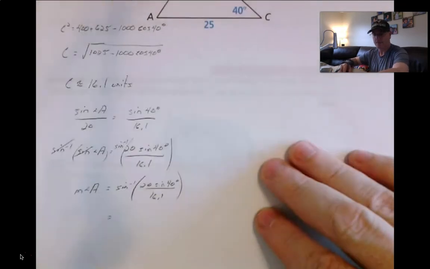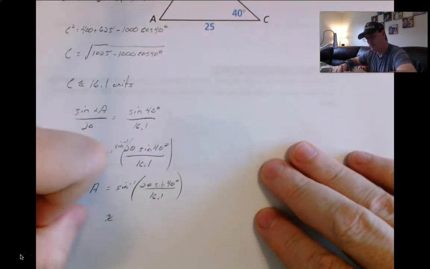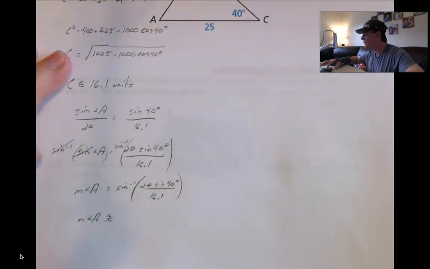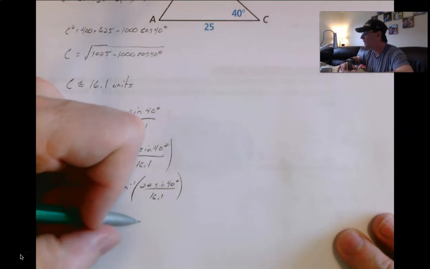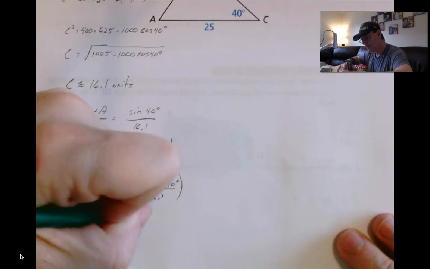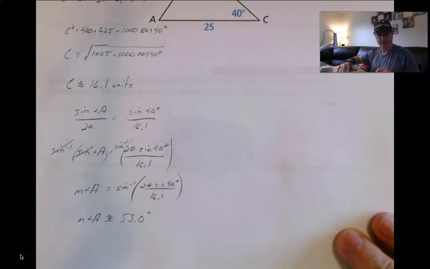and approximately equal to, go to our calculators, sine of 40 degrees times 20 divided by 16.1 equal to like 0.79849, so on and so forth. I got to now do the inverse sine of this number, and I get 53.0 degrees.